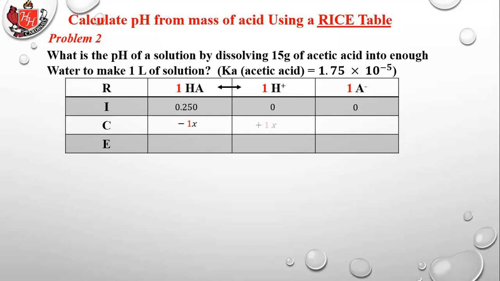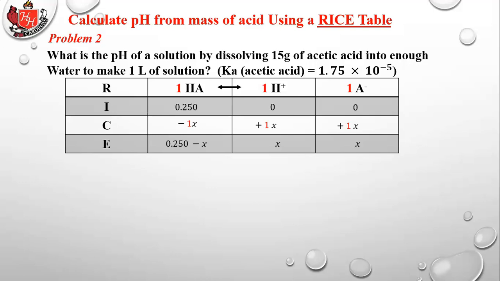Over on the right side, it's going to be plus 1x because on the product side, you're increasing the concentration of the products. And the 1 comes from the reaction equation up above. And then the same thing for the A-. So now we subtract on the reactant side, so it's 0.25 minus x, and then 0 plus x, and 0 plus x. And there you have your equilibrium in algebraic form.